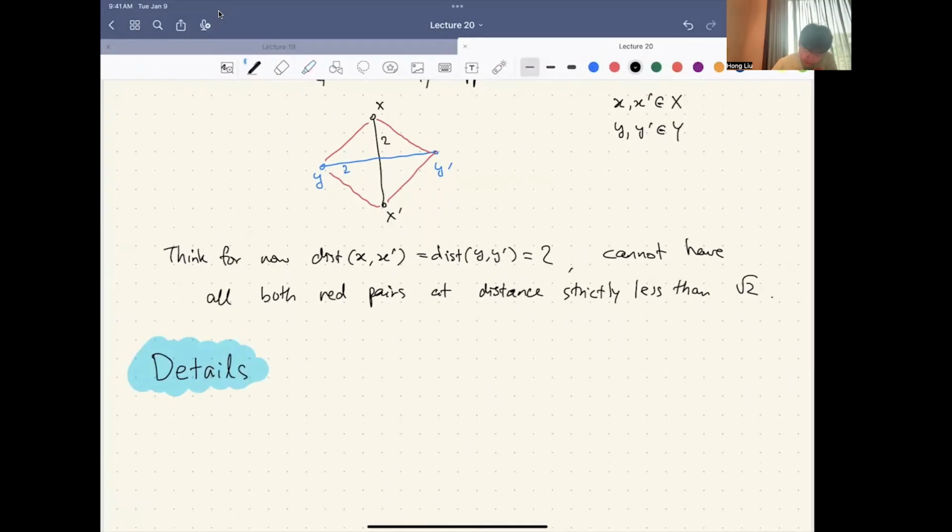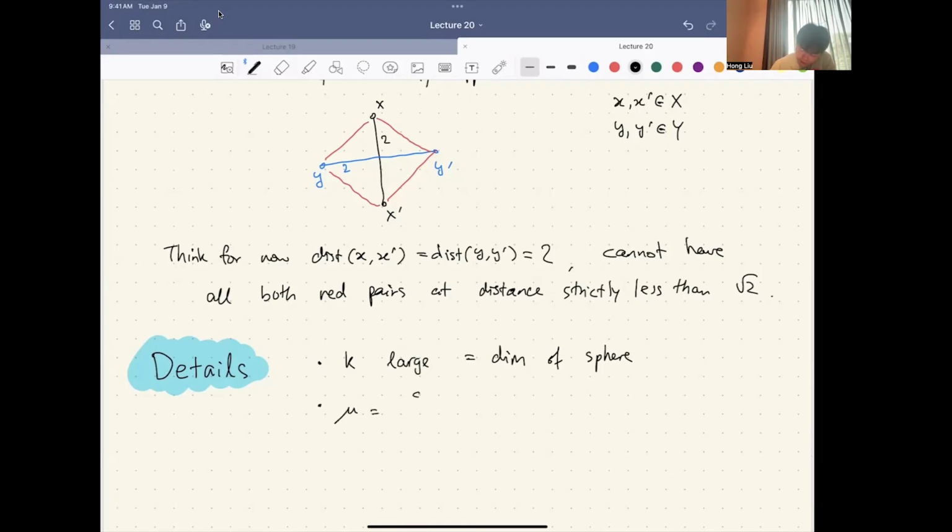I'm going to first take k large, which will be the dimension of the sphere. Then we take a small number mu, and another small number epsilon that we choose over this square root. So epsilon is small.